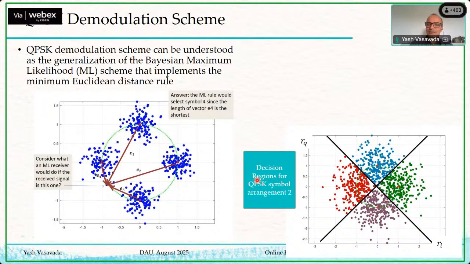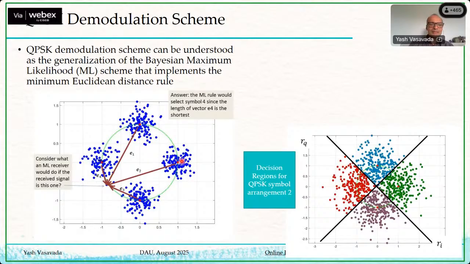So this is showing those perpendicular bisectors. It basically divides the in-phase and quadrature plane into 4 quadrants. And then depending on which quadrant the received signal falls in, you decide the corresponding symbol.